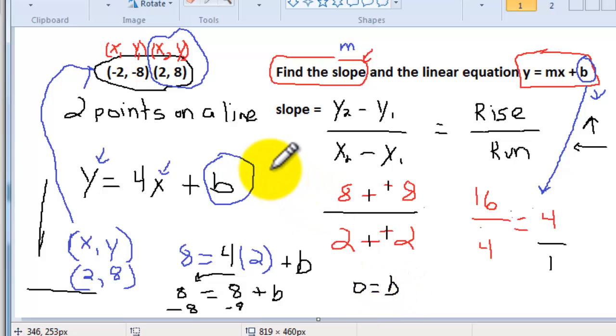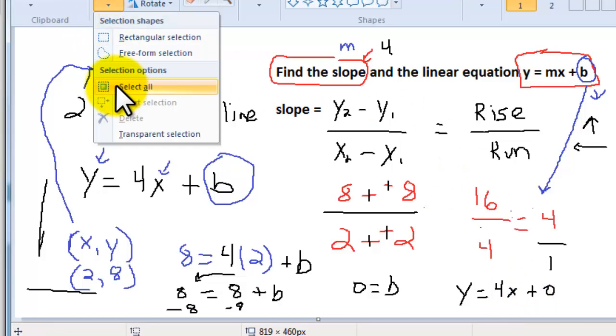Well, that's interesting, but there's nothing wrong with that. So our slope came out to be 4. Our linear equation came out to be y equals 4x plus 0, which really means y equals 4x.